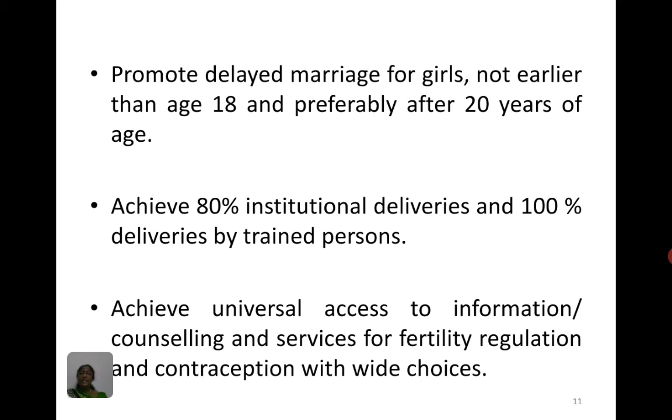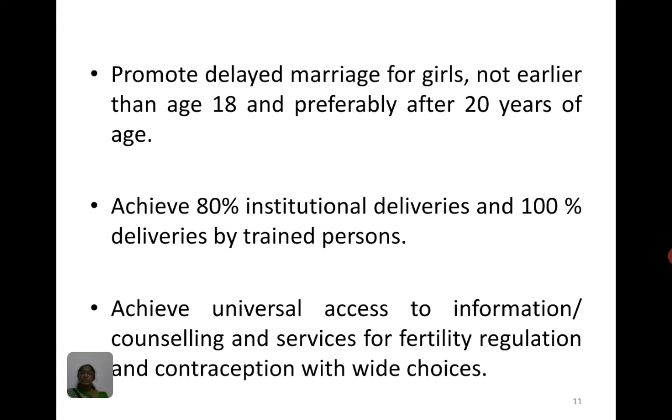This may result in the death of the women at the time of delivery, and there may be incidences of the child also being affected. Hence, to prevent this, 80% institutional deliveries are encouraged and 100% deliveries by trained persons are also encouraged.